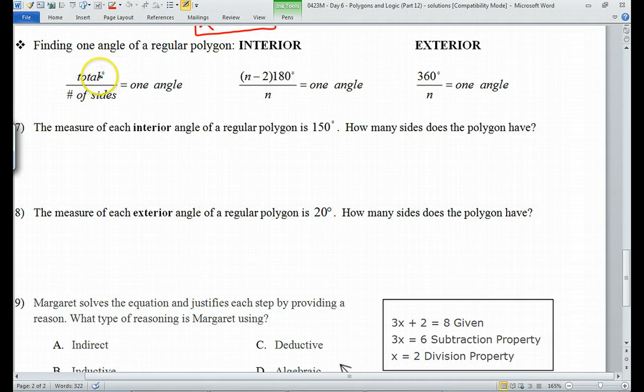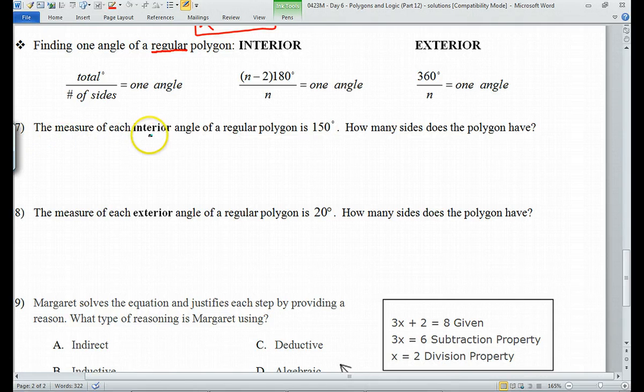Of course, if we have the total degrees and we divide that by the number of sides, that should give us one angle anytime we have a regular polygon. So, if I'm talking about interior angles, I can find the total by doing n minus 2 times 180. We'll let n represent the number of sides. If I am talking about exterior angles, the total is always 360.